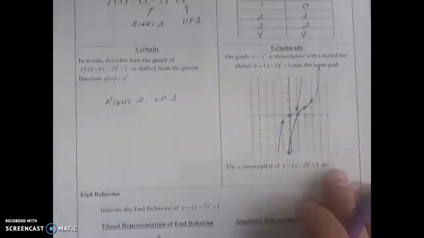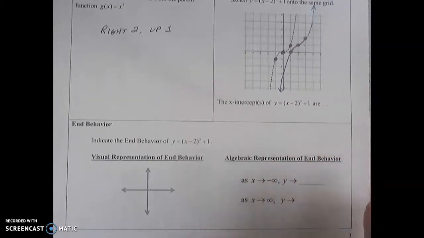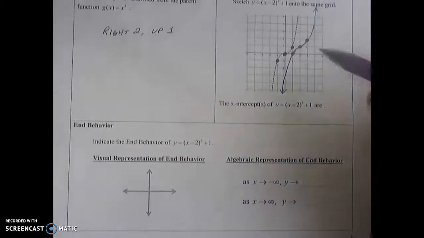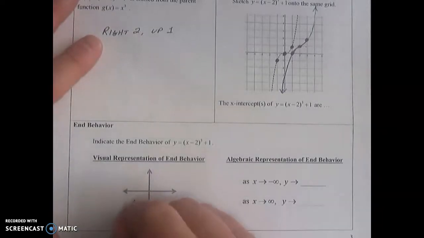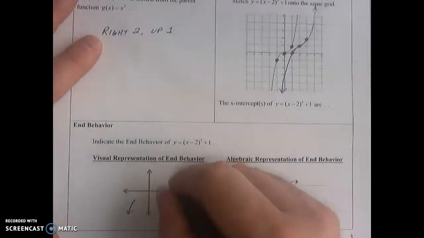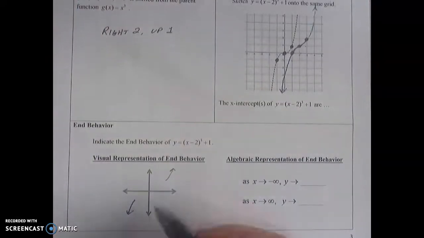So let's scroll down to our bottom column here. Okay, indicate the end behavior. Well, let's take a look at our graph. All right, down and up, left side down, right side up. Pretty simple. So the visual representation of our end behavior just kind of matching the colors that we used in the top graph. Left side down.